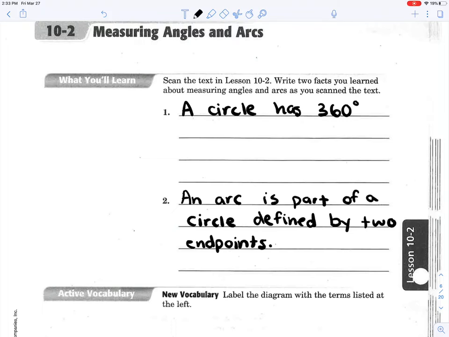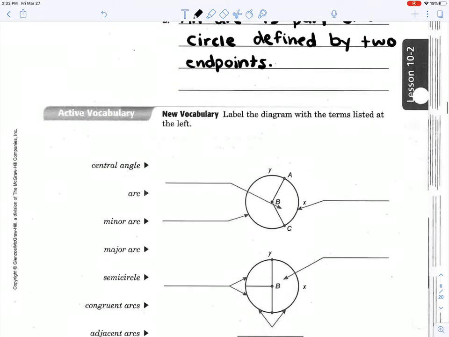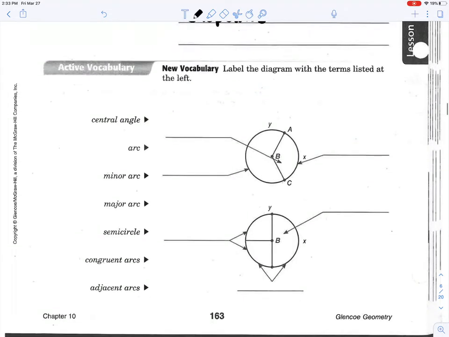Just like a line segment is part of a line, an arc would be part of a circle defined by 2 endpoints.